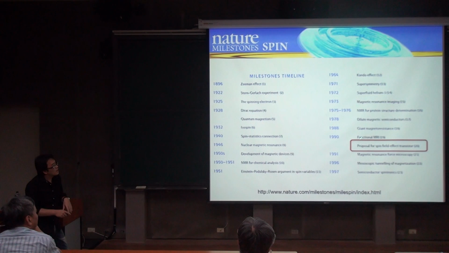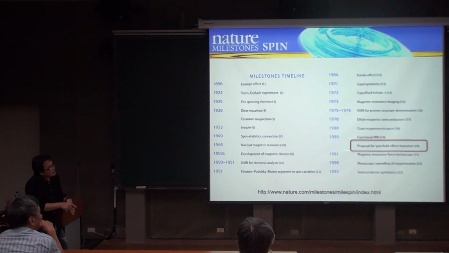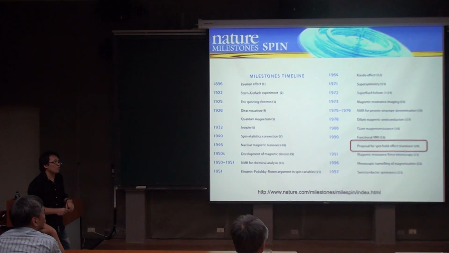You can also see the most recent ones, like giant magnetic resistance. And you can see the proposal of the spin field effect transistor, which was selected as one of the milestones related to spin. You can notice the word is proposal, which means it has not been realized yet.